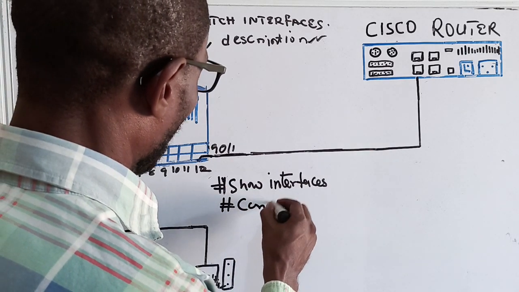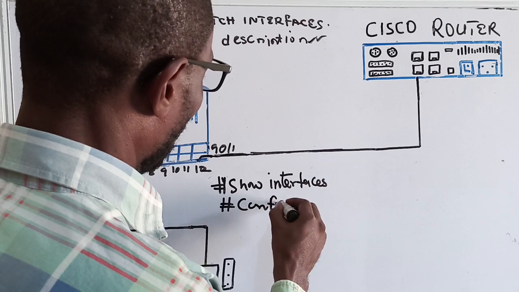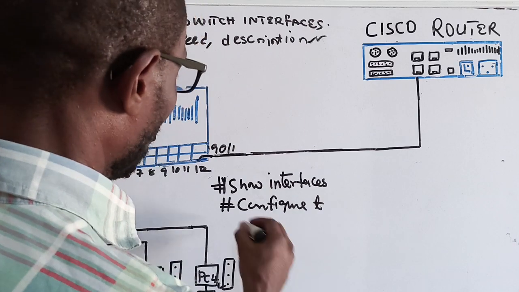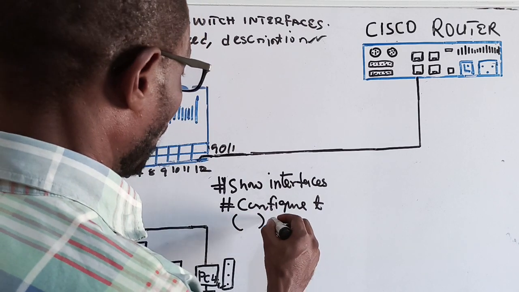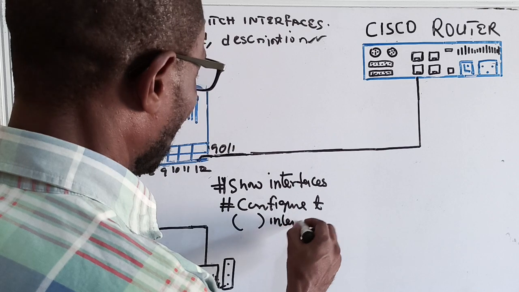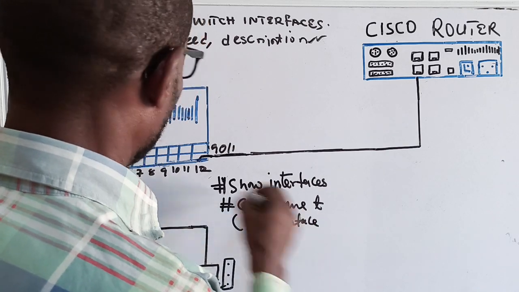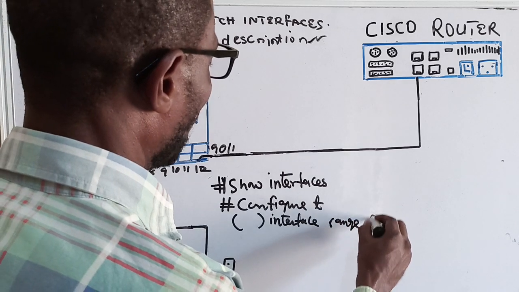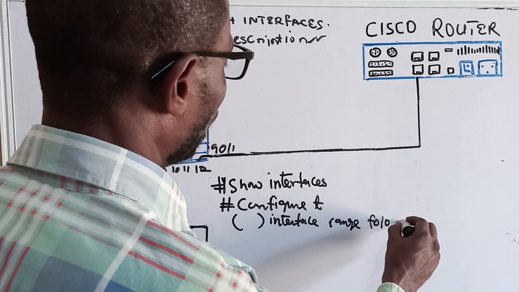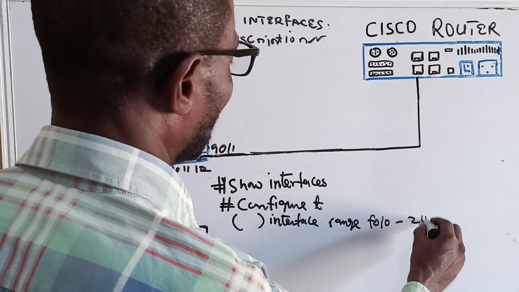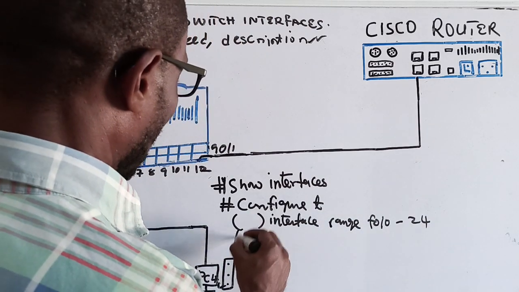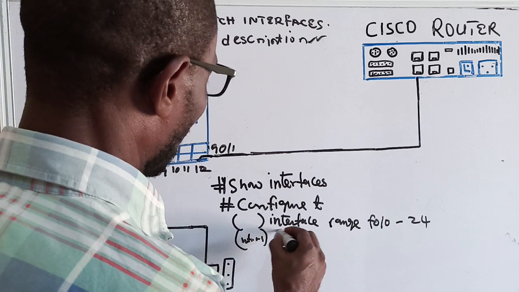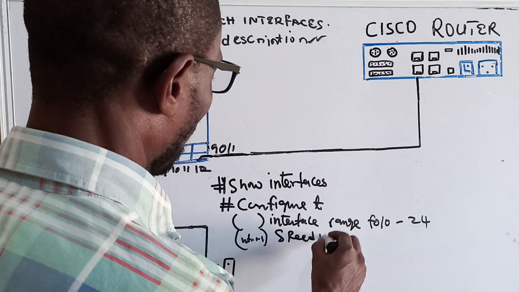So in that case, from this privilege mode, you do configure terminal, or conf t for short. You hit enter to come to global configuration mode, where you do interface range, from F0/0 to, give space, 24. That's 24 ports. You hit enter. You're in interface configuration mode, where you say speed 100.